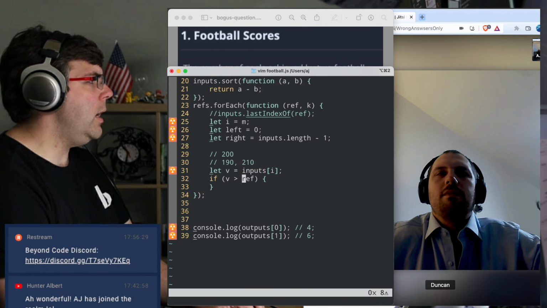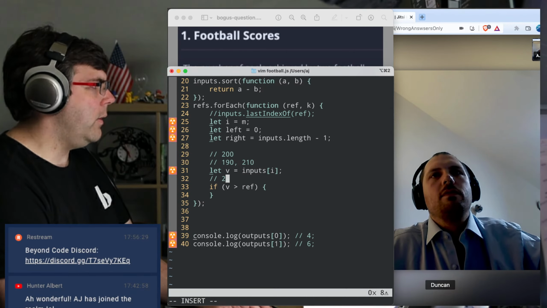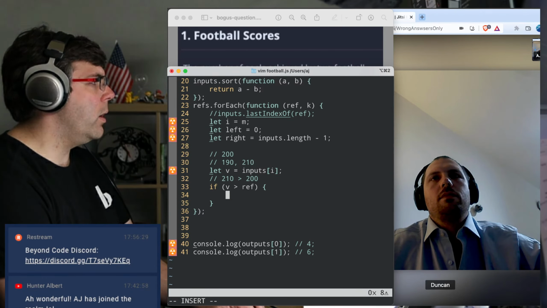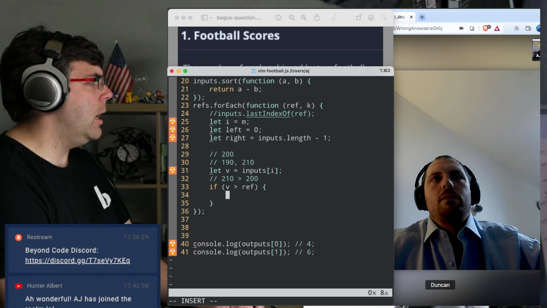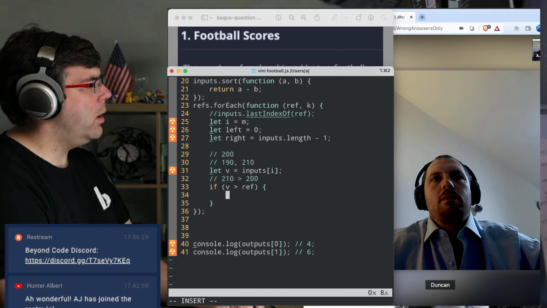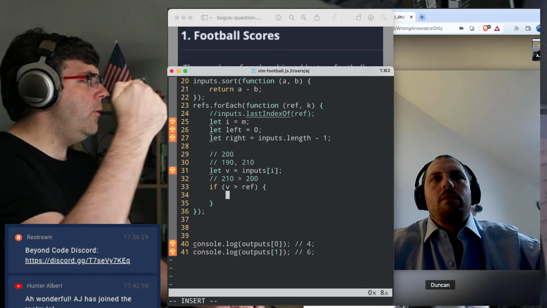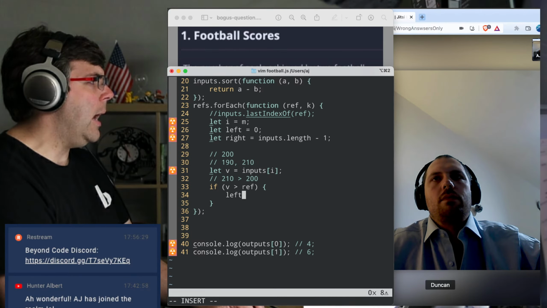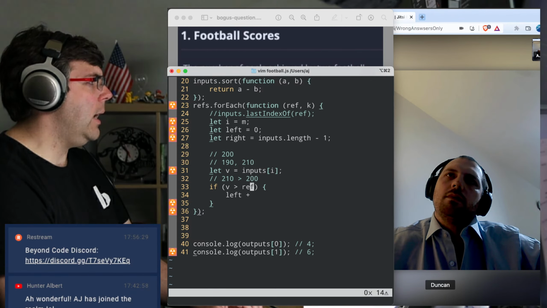So if v is greater than ref, say v is 210 and ref is 200, then we're going to have to take the halfway point. v is greater than ref, so we need to move left. So we're going to take our left value and our left value plus our right value, which I guess, let me think about this.